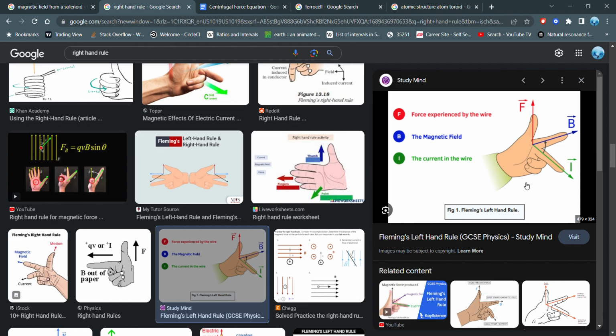Every magnet involves the centrifugal force equation. Every time there's a solenoid, there's a current run through the solenoid, and there's a magnetic field in a perpendicular plane, but also there's a centrifugal force in a perpendicular plane to both the current and the magnetic field.